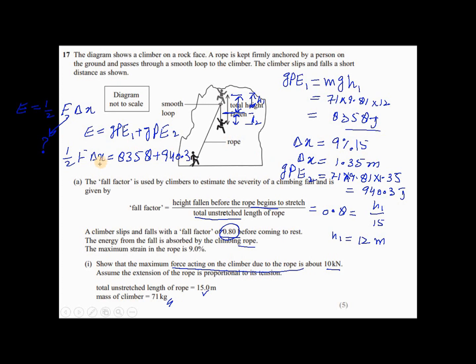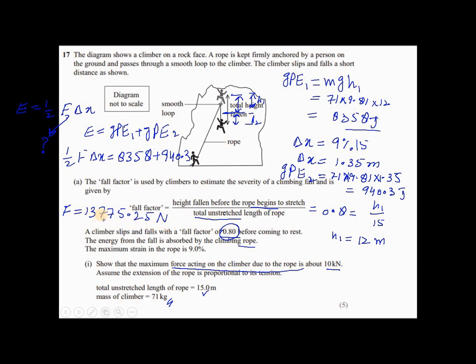You can substitute delta X here and you can figure out F after solving this for F. So F will be around 13,775.25 Newton.